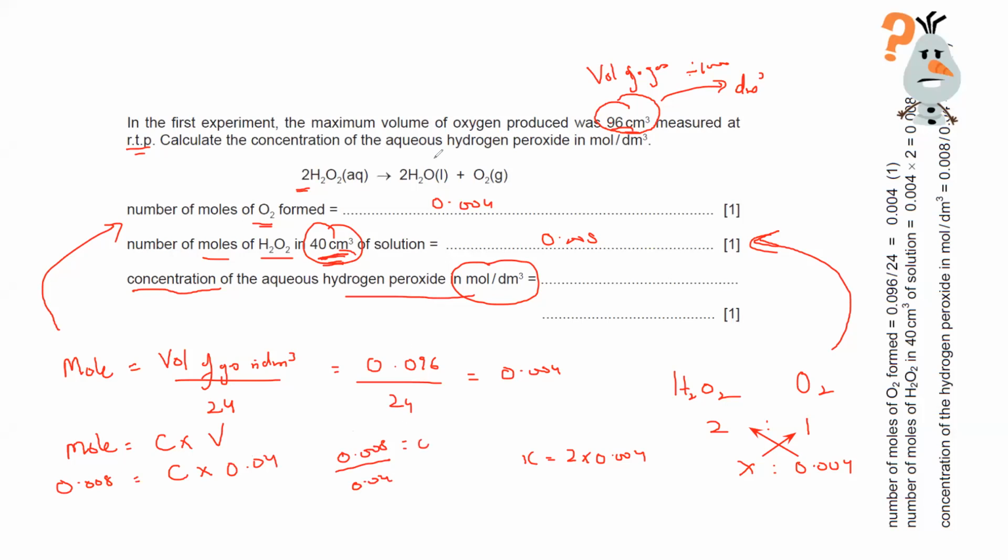So we'll get the concentration of this solution. 0.008 divided by 0.04 equals 0.2 mole per decimeter cube.